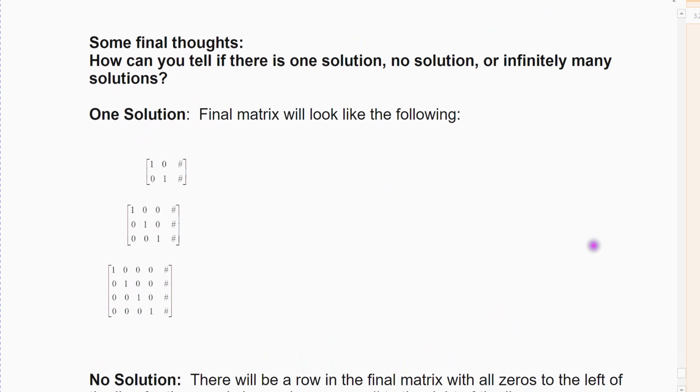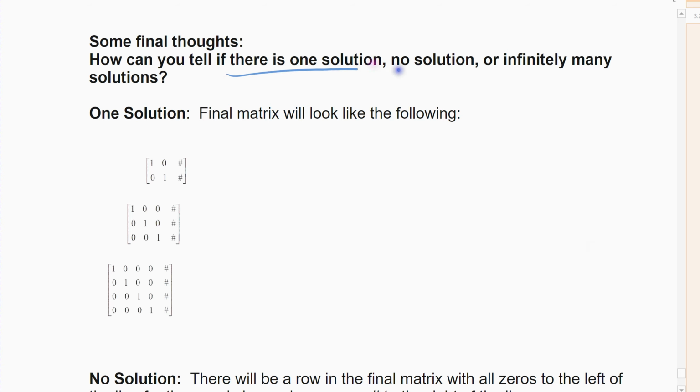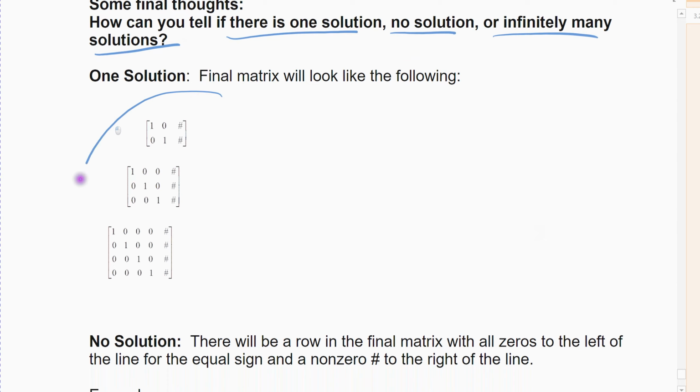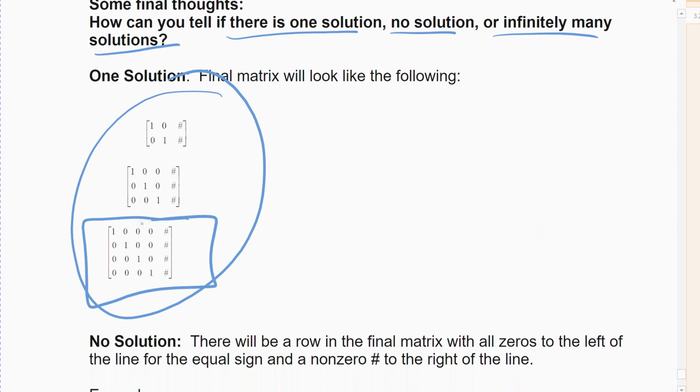Alright, so some final thoughts, just so that you know the difference between one solution, no solution, and infinitely many solutions. One solution cases are always, and we didn't do 4 sets, but you'd see how this would work if I had 4 sets, right? If I get that nice diagonal of 1s, where the hashtags mean numbers, that would be my x equals my number, my y equals my number, and my z equals my number.